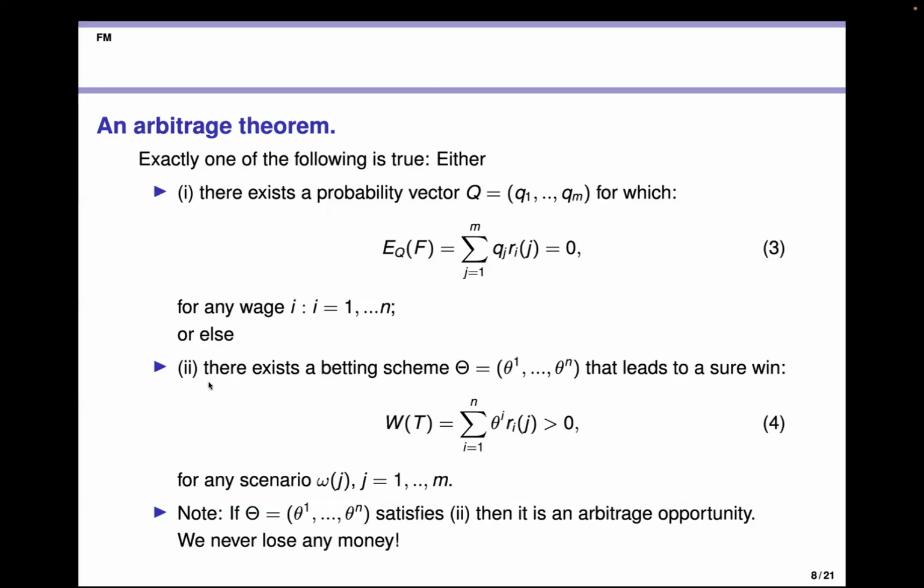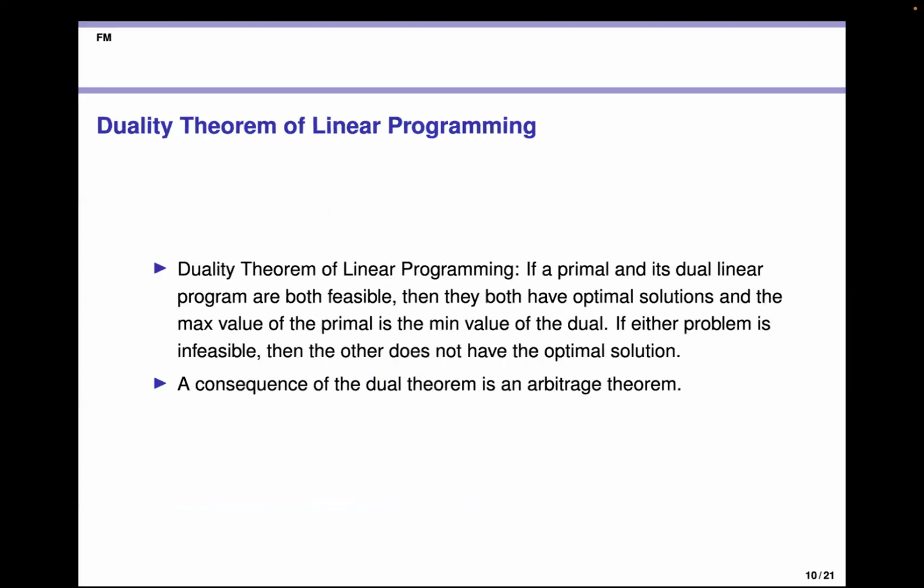This is true: there exists a betting scheme that leads to a sure win. So for any scenario, the wealth of the betting strategy is not negative, but exactly positive.